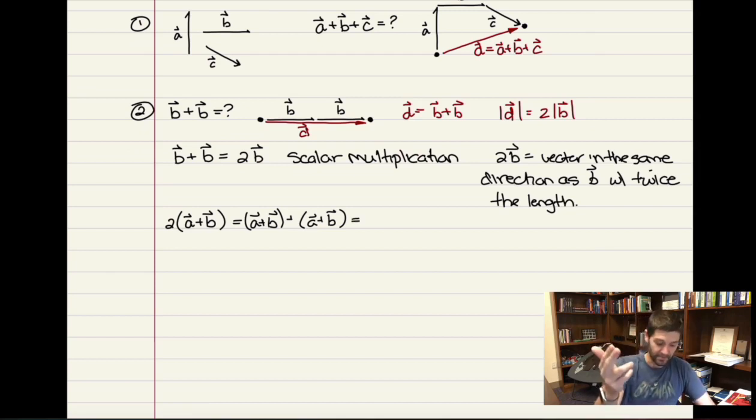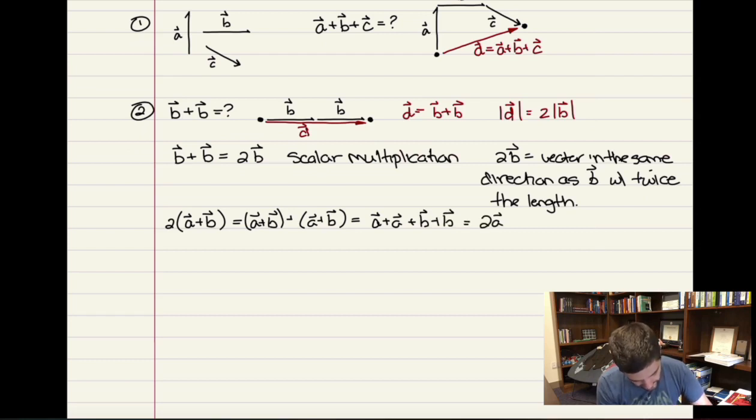But by the rules of scalar multiplication that we just said, and the fact that the order doesn't matter, we can swap things around. I can write this as 2A plus 2B. So similarly, you have parentheses, you have a number outside, it can distribute in, or you could factor it out. Both work.